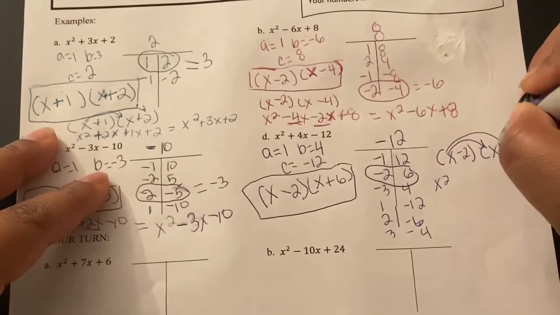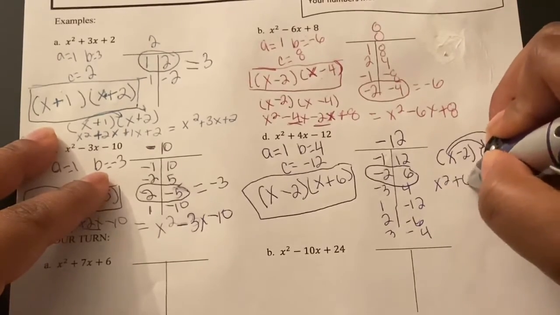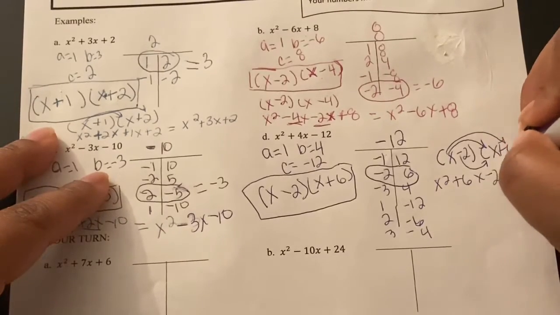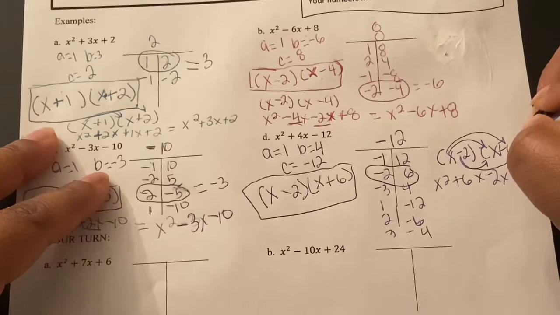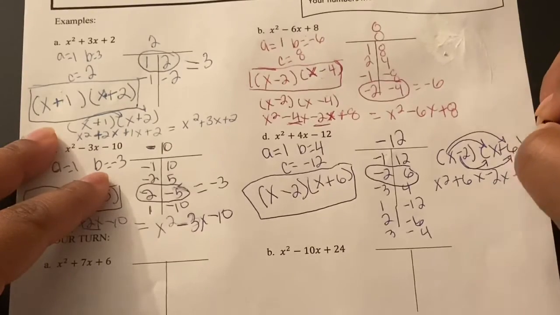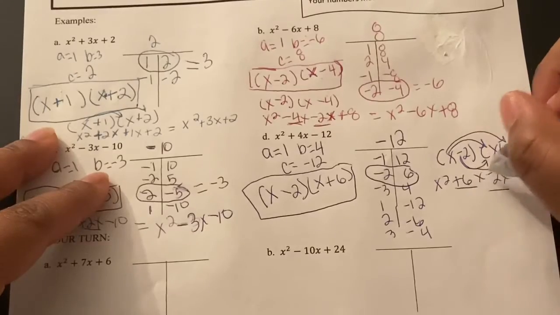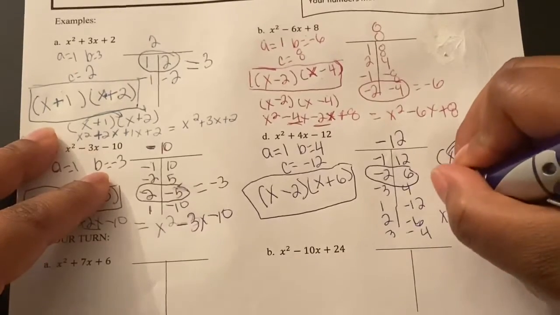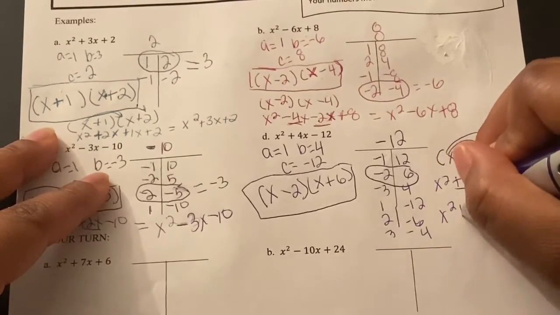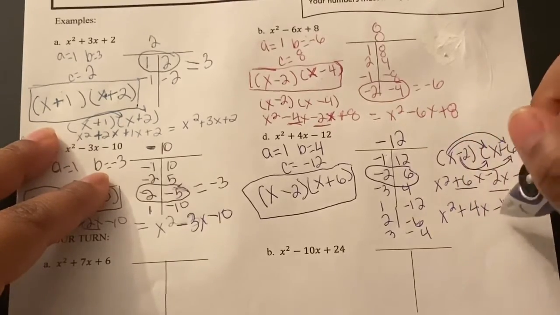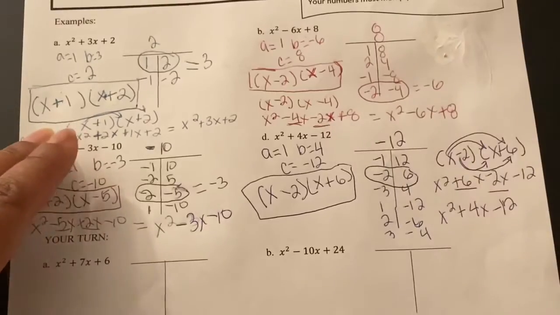Outer is x times +6, which is +6x. Inner is -2 times x, which is -2x. And last is -2 times 6, which is -12. Combine my like terms, 6x and -2x. I get x squared plus 4x minus 12, which is exactly what I had in the beginning.